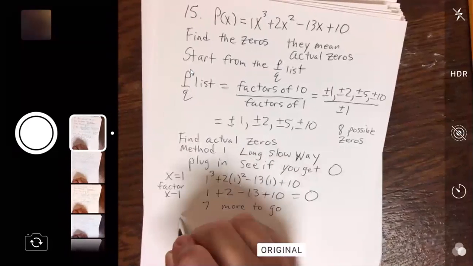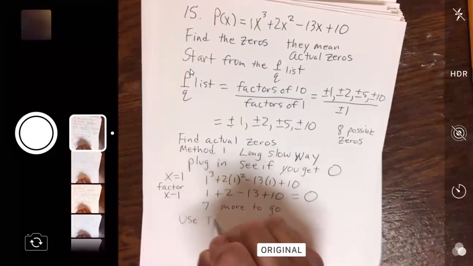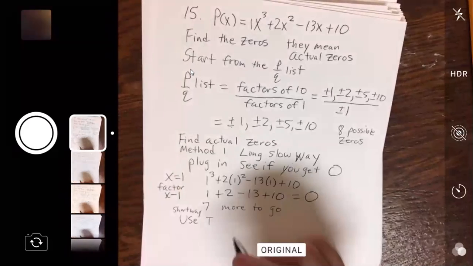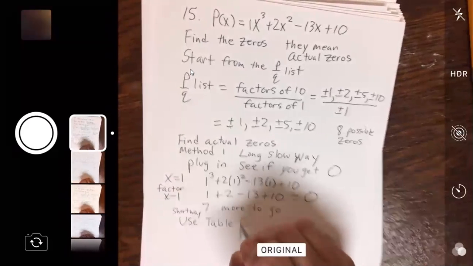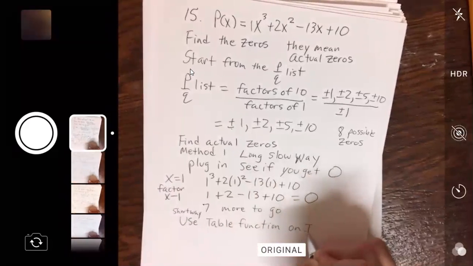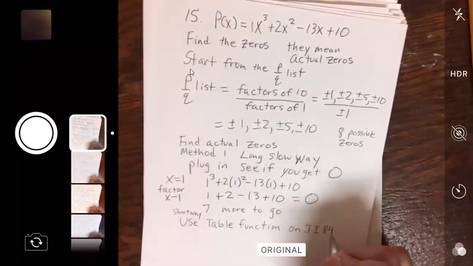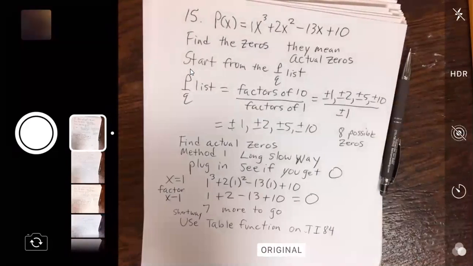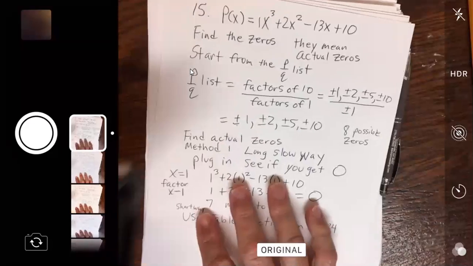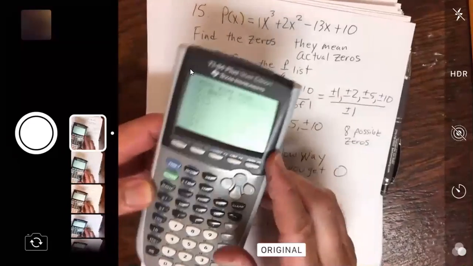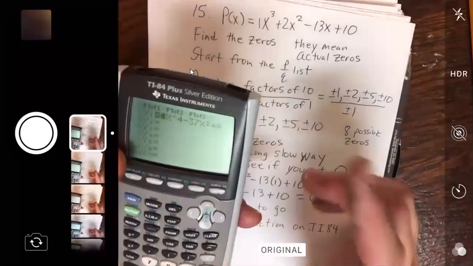All right, it's called using the table function. This is the short way. Use the table function on the TI-84. What you do is go to y equals like you're going to graph it, but we're not going to graph it.